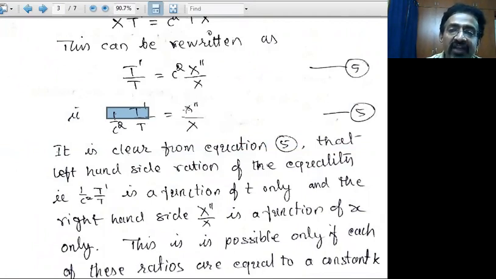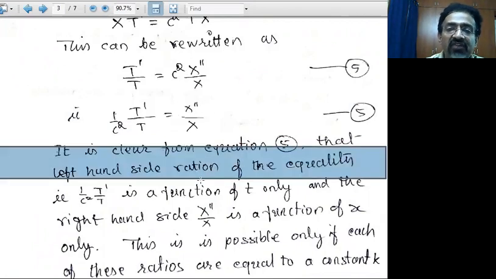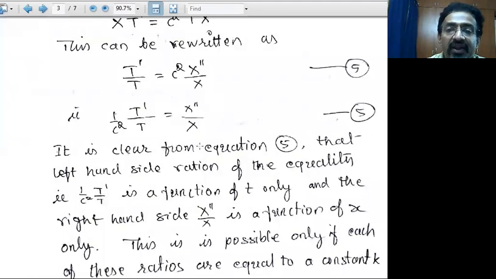And X double dash by X is a function of x only. So in equation 5, the left hand side is a function of t and the right hand side is a function of x.